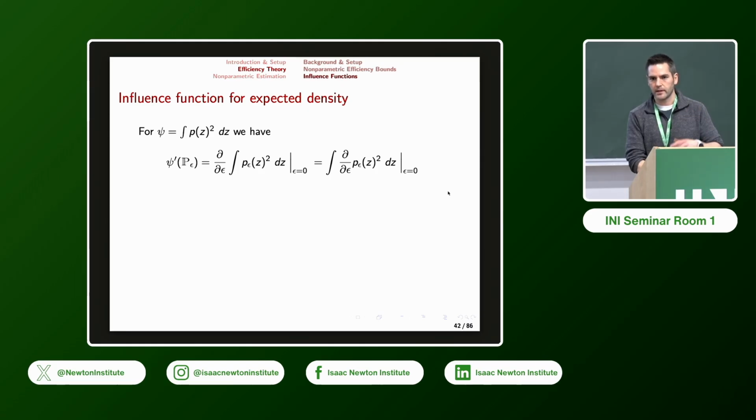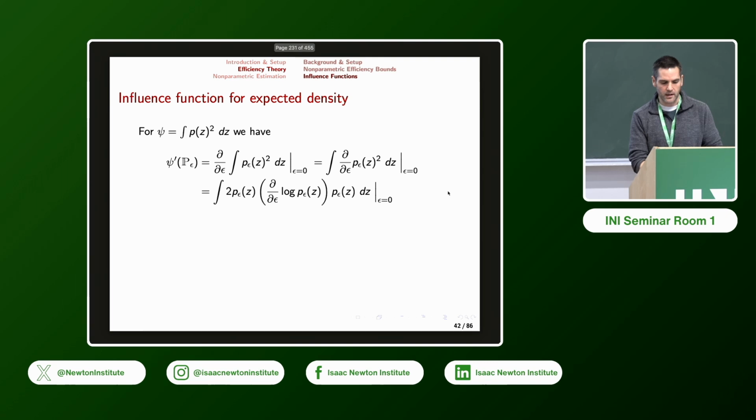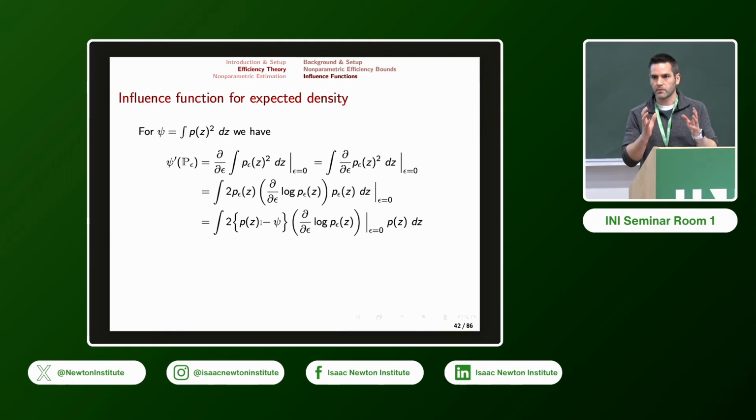You can do this in a couple lines. With some regularity conditions, you move derivatives inside integrals, replace derivatives of densities with derivatives of log densities times densities, do a little bit of rearranging, and then you get some expression that looks like the score from your submodel, which is right here, times something. And whatever that something is, that's that function that we're trying to find.